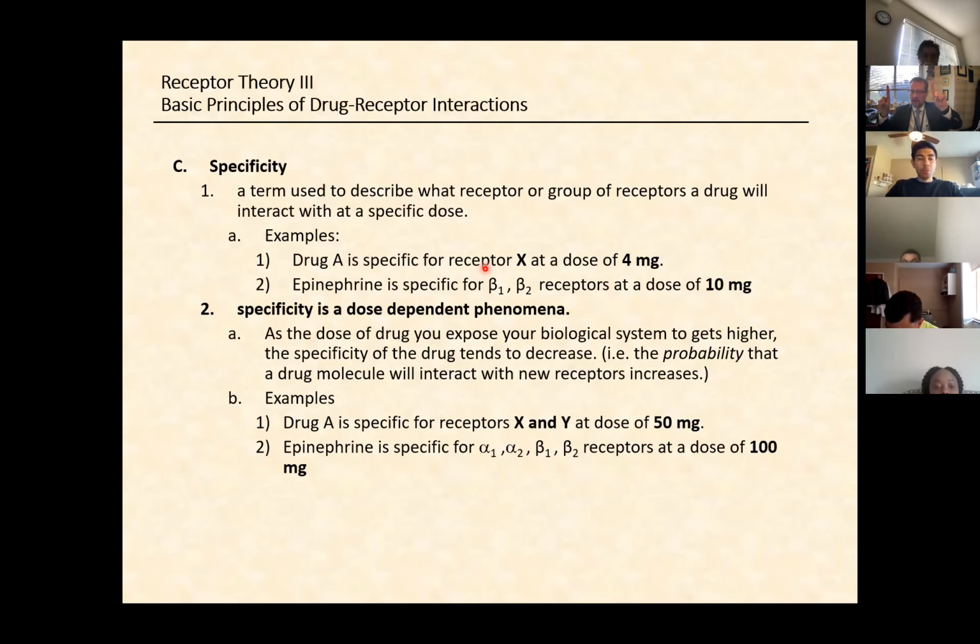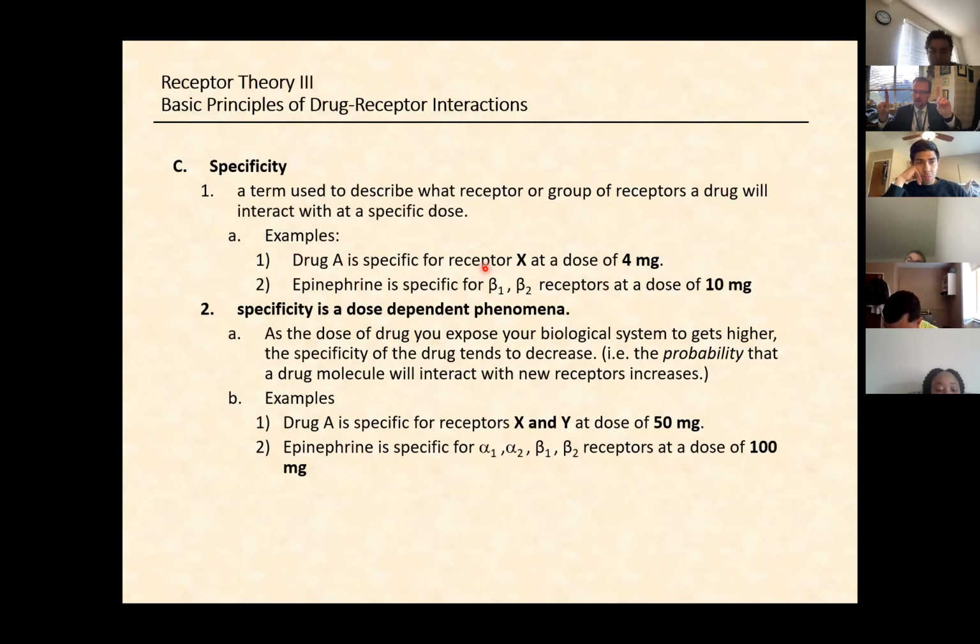Beta. Beta, right? Now, if we're going to talk about specificity, we have to get a little bit more detailed and list the specific beta receptors that epinephrine will interact with. Beta 1 and beta 2. So at a dose of 10 milligrams, epinephrine is selective for beta receptors over alpha receptors.